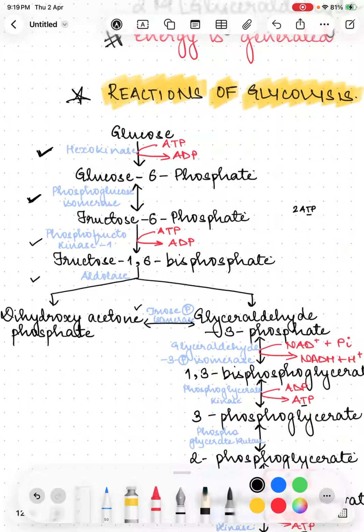In the next step, fructose 6-phosphate again gets phosphorylated into fructose 1,6-bisphosphate. During this reaction, a second molecule of ATP is utilized, and the enzyme involved in this reaction is phosphofructokinase 1. So from glucose to fructose 1,6-bisphosphate, 2 molecules of ATP are utilized.